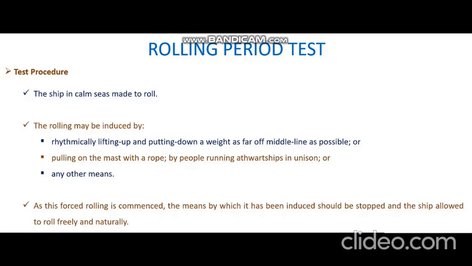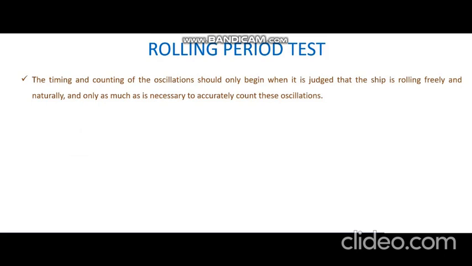As this forced rolling is commenced, because you are forcing the rolling to set in, then you stop any activity that you were carrying out to induce rolling and let everything settle down wherever it is and let the vessel settle into a natural roll. Once the vessel settles into a natural roll, with a stopwatch, you can start counting.